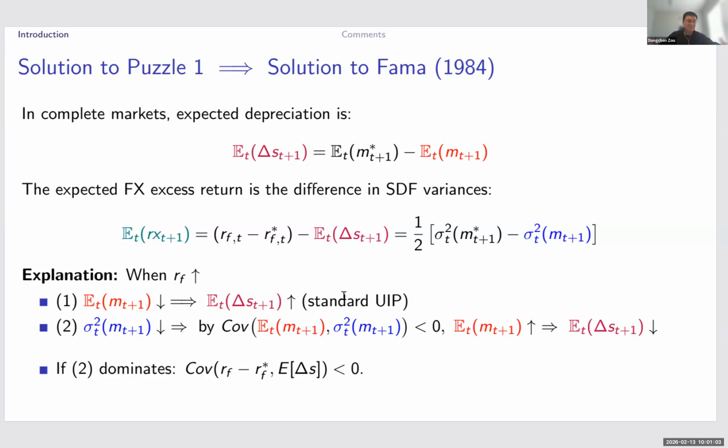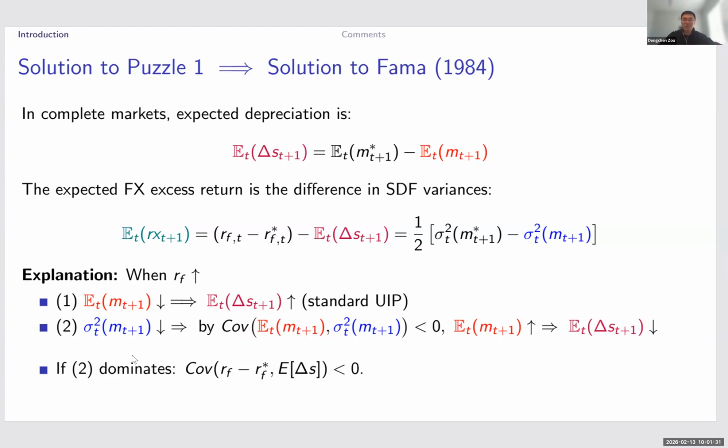So taking a step back, in complete markets, expected depreciation is going to be just the difference between the means of the SDF, while the FX risk premium is going to be the difference in the variance of the SDF. So how do we explain this Fama puzzle, in which when we see a high risk-free rate, we see domestic currency appreciation?